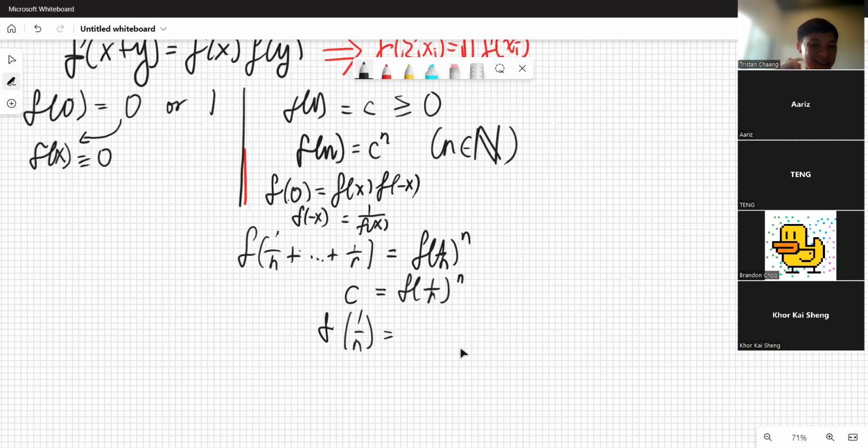But again, minor detail, it can be plus or minus. It depends on whether n is even, right? If n is odd, then we can say for sure that it equals the nth root of c.